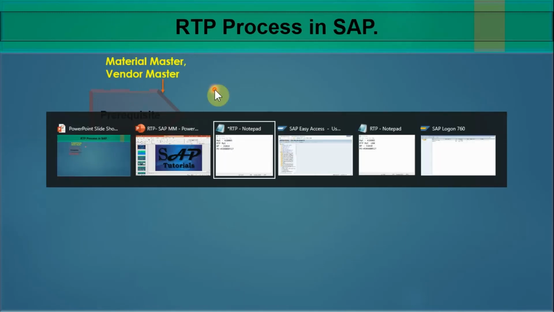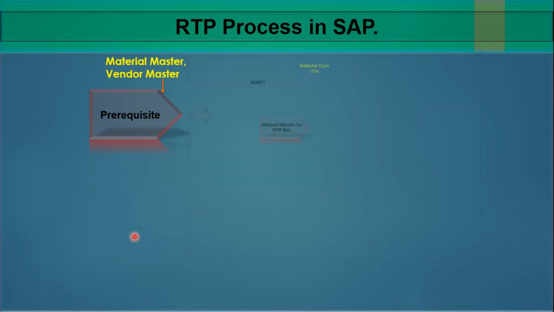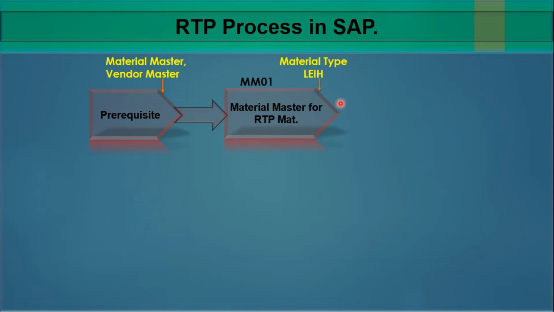I have created this material and this vendor, and I will create one more material for RTP. Note here, we require a material for RTP in our master data in order to identify that stock in our premises.